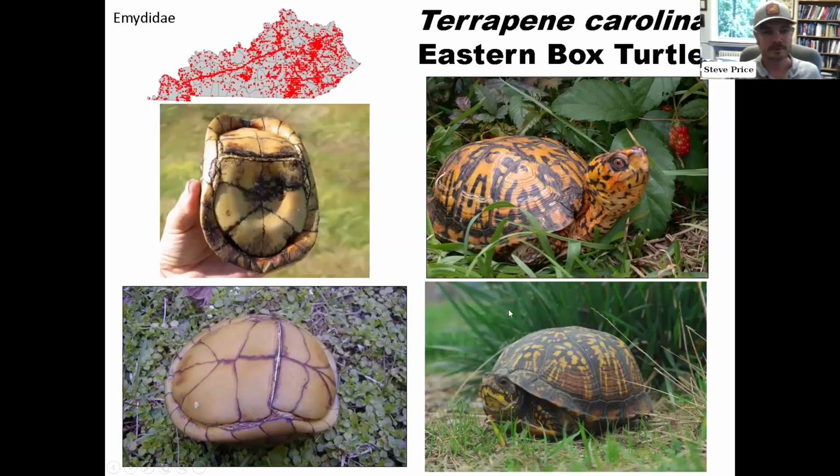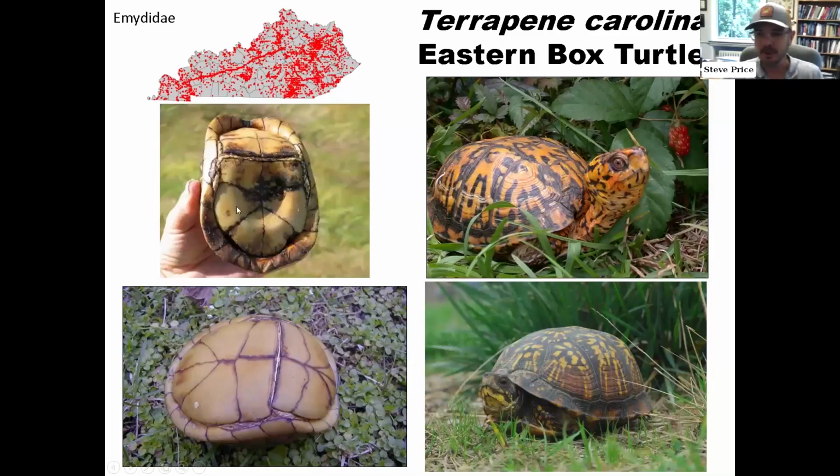Now, box turtles, some of my favorite turtles we have in Kentucky, really common. They're our most terrestrial turtle. The males and females are pretty easy to differentiate. The males are usually brightly colored, usually have orange and red on them, and oftentimes have red or orange eyes. The females are a little less brightly colored, have a higher domed carapace, and have brown eyes.